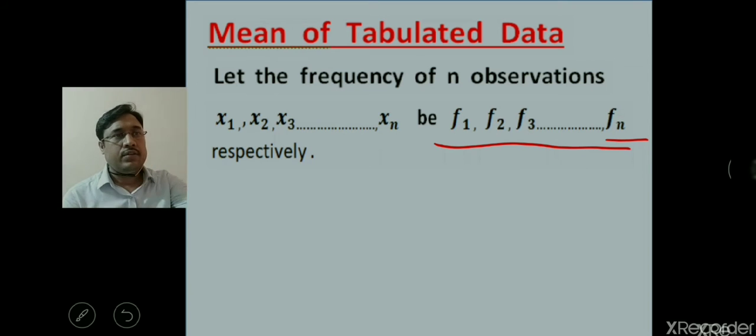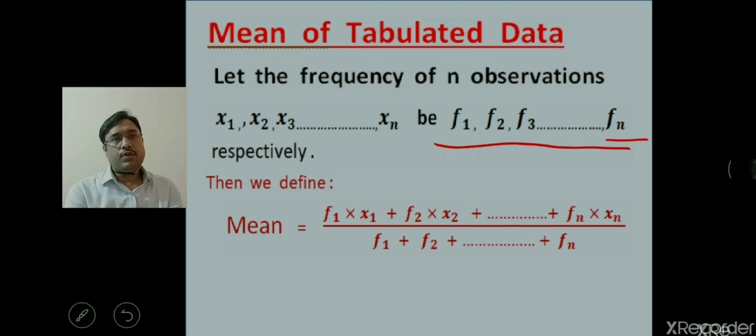Then we can define the mean by this formula: f1 into x1 plus f2 into x2 plus, and so on up to the last frequency and the last observation, fn into xn, divided by the sum of all the frequencies, f1 plus f2 plus and so on up to fn.